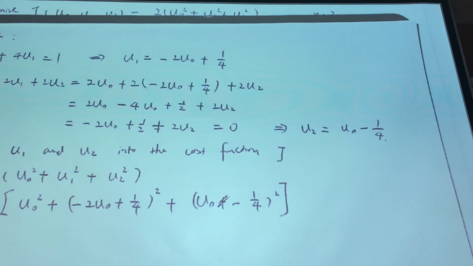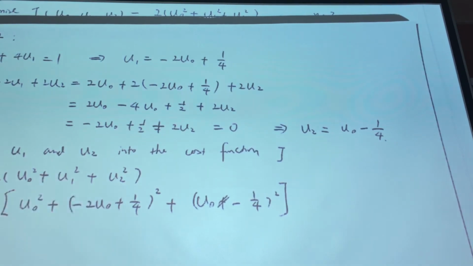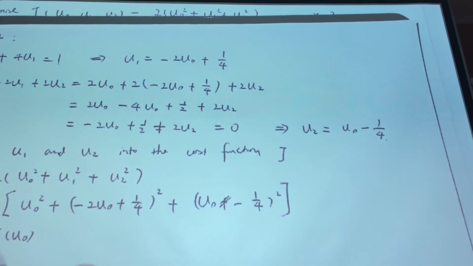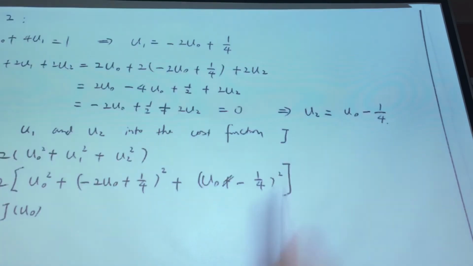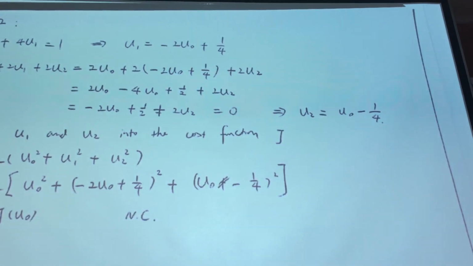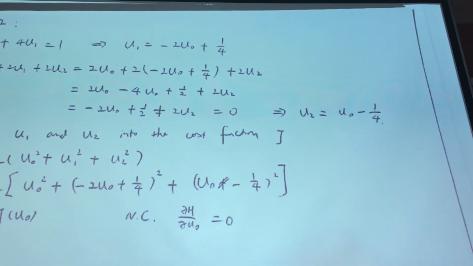So now the problem is equivalent to minimizing a scalar function of just u0, and we don't have any additional constraint. So it becomes an unconstrained optimization problem. To solve it, you just evaluate the necessary condition, dJ/du0 equal to 0.